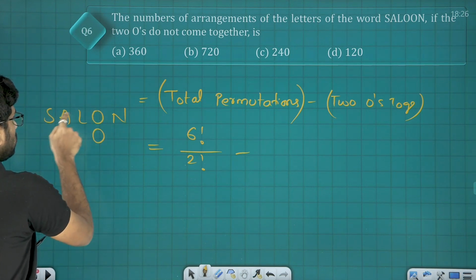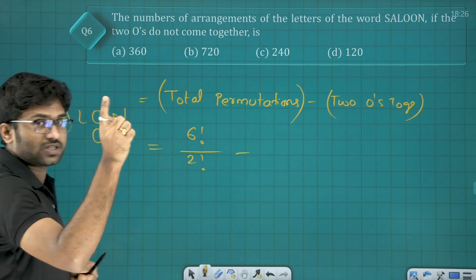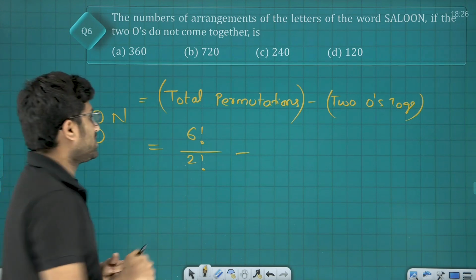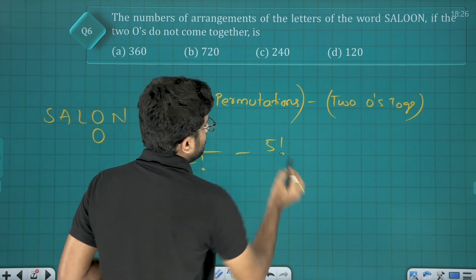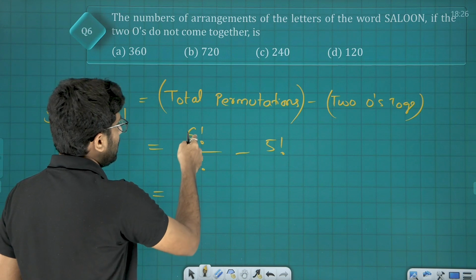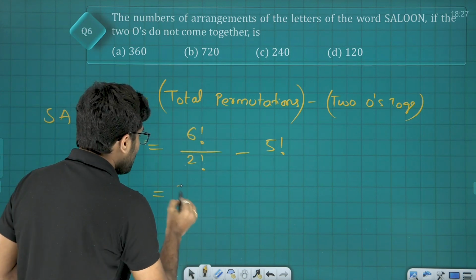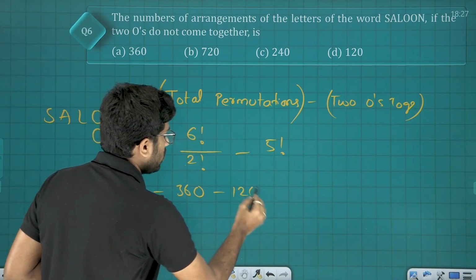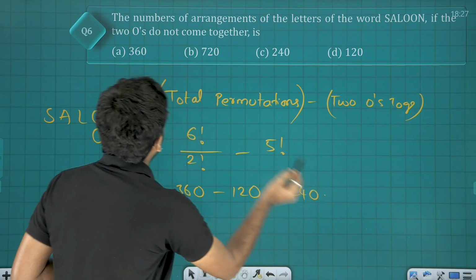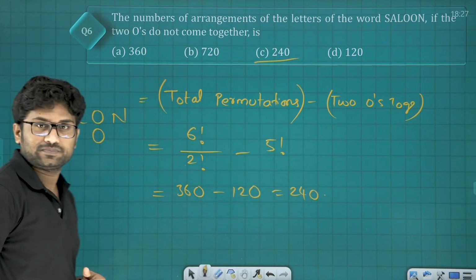So the remaining 1, 2, 3, 4, 4 letters, 4 units, and this 1 unit. Now 5 units can be arranged among themselves in 5 factorial. That's it. So 6 factorial is 720, 720 by 2 is 360, minus 120, which is equal to 240. Option C. Next question.